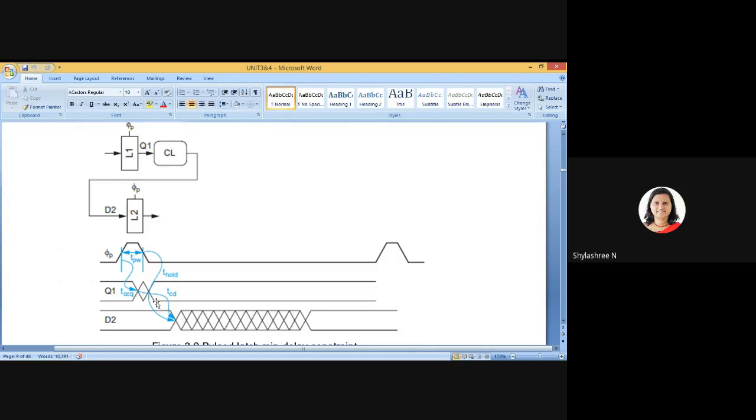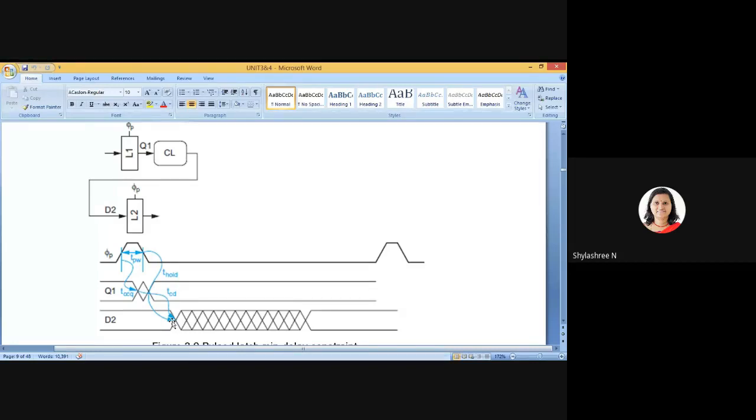After the rising edge, it is only TCCQ for Q1, and in between I have written TPW, that is the pulse width. And if you observe the falling edge of the pulse, you can see the T hold time. So the data departs on the rising edge of the pulse, but must hold until after the falling edge of the pulse.